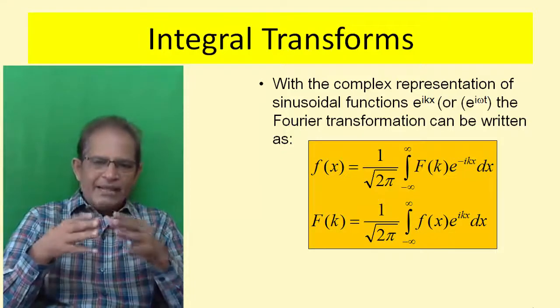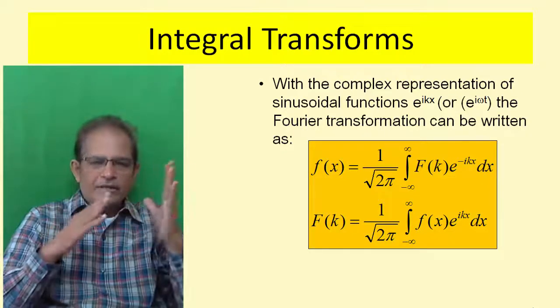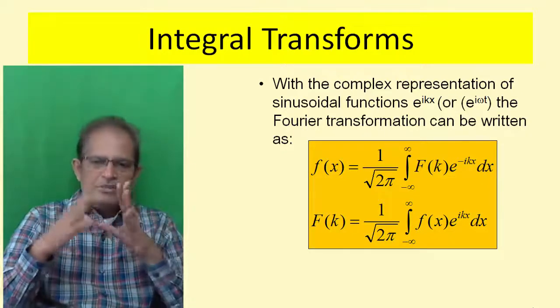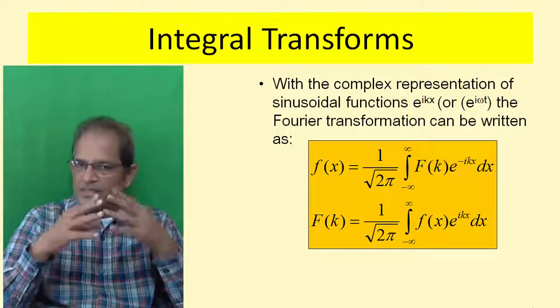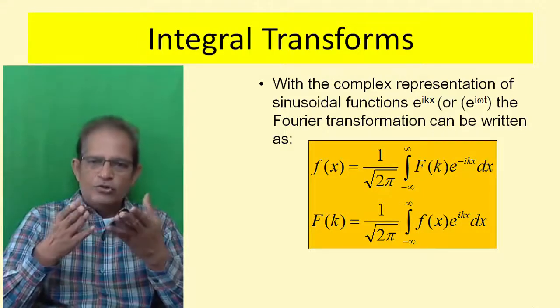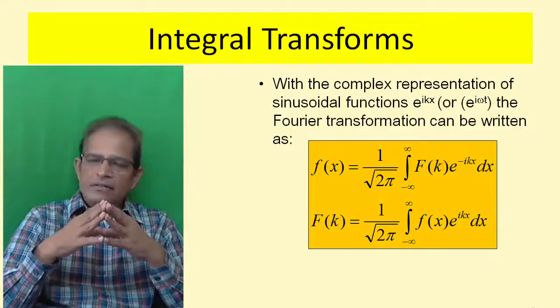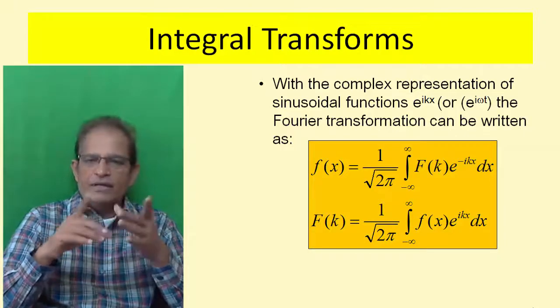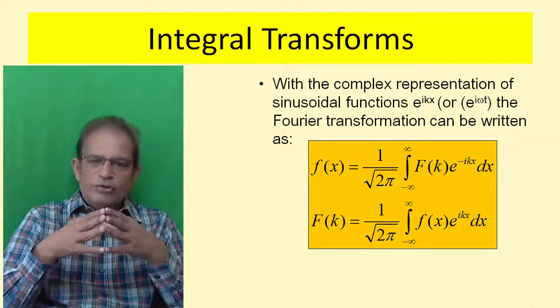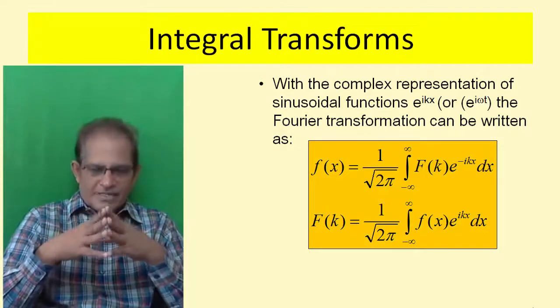So the second integral is to obtain the Fourier transform of a given function small f of x. Now the first integral is to take the inverse Fourier transform of F of k and to get the original function small f of x.